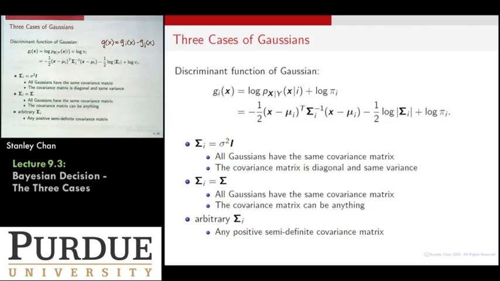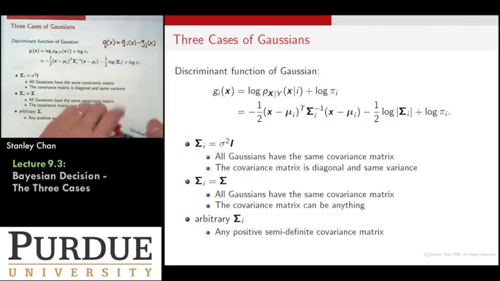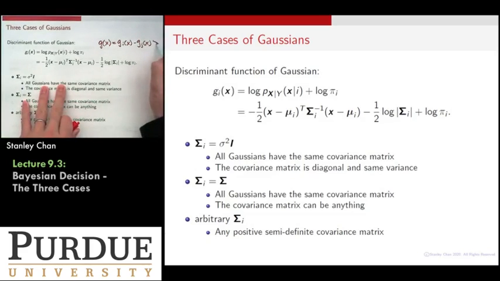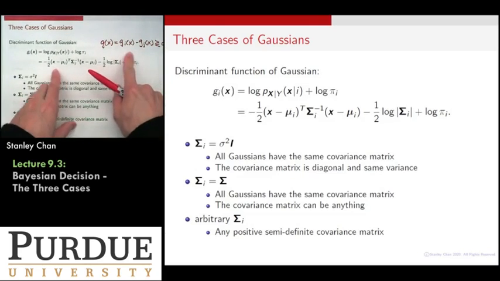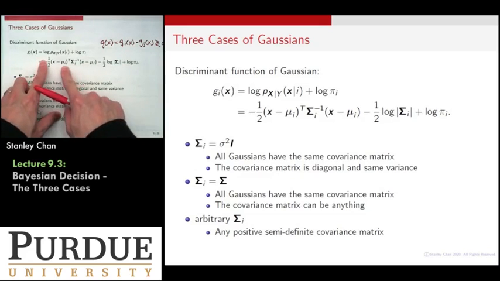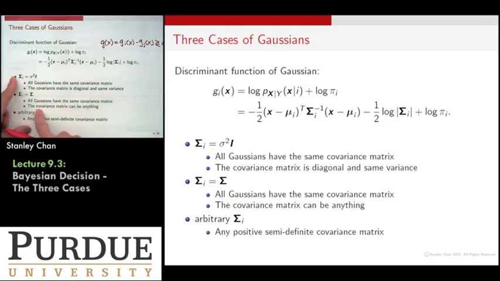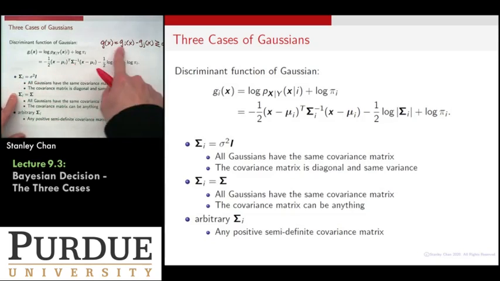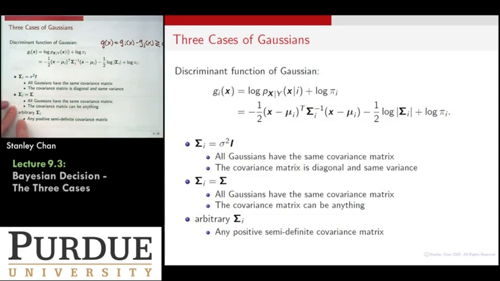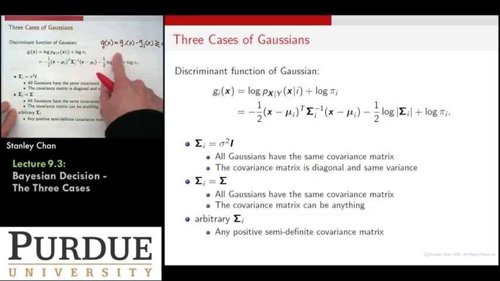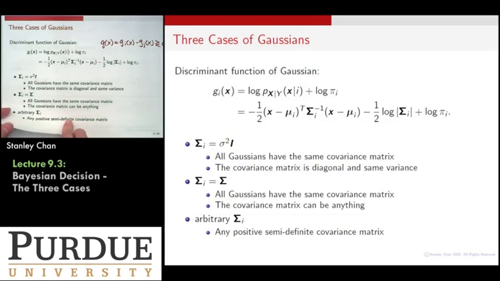So within the context of two classes, what you need to do is to check whether this number is bigger than 0 or less than 0. Now, you look at this equation and realize that everything is determined by mu_i and sigma_i. And so we are going to look at three cases: where sigma_i, the covariance matrix, is the identity matrix, or the two classes share the same covariance matrix, or the two classes have different covariance matrices.